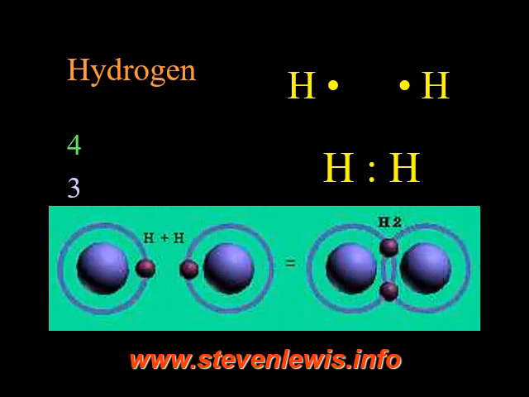They form what is called a covalent bond, a sharing of a pair of electrons. And as a result, they reach a more stable configuration. But we no longer have elemental hydrogen. We have what is known as molecular hydrogen, H sub 2, two hydrogens covalently bonded together.